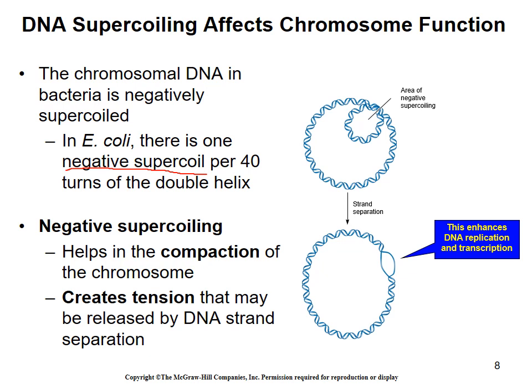And as you're coiling to the left, what's going to end up happening is you're going to create a section of negative supercoil, which is what you see happening over here. So a section that kind of loops out, that's a little bit out of place.